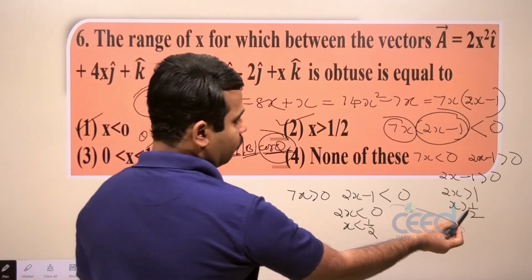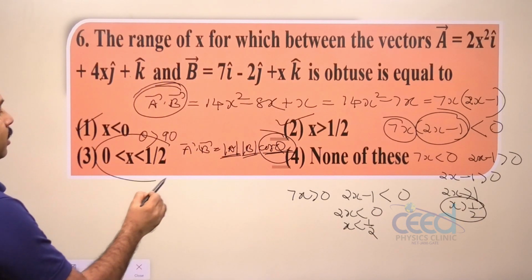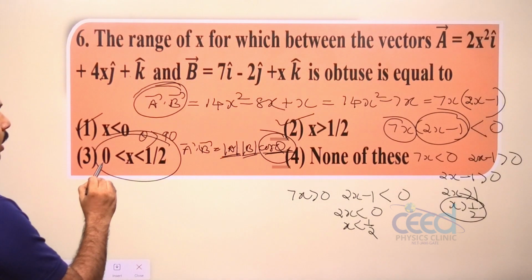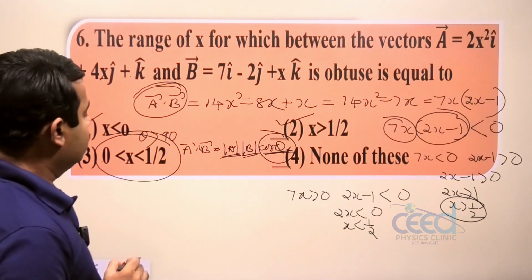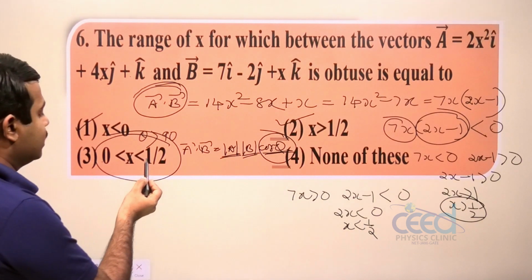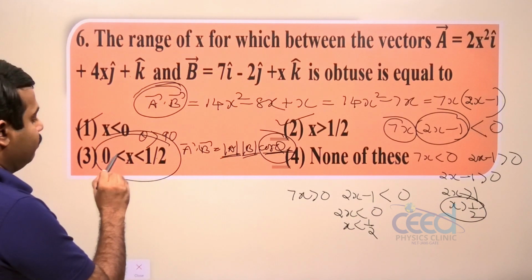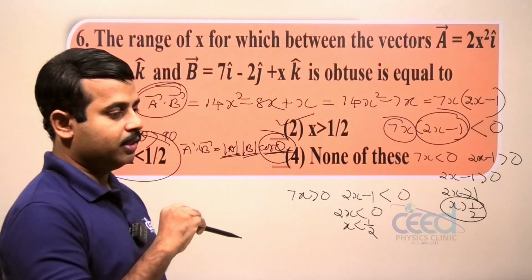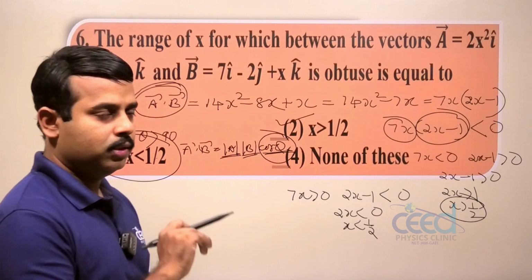Then x lying between 0 and 1 by 2 is possible, right? At a time, less than 1 by 2 and greater than 1 by 2 cannot happen. Alright? Understood? Alright.